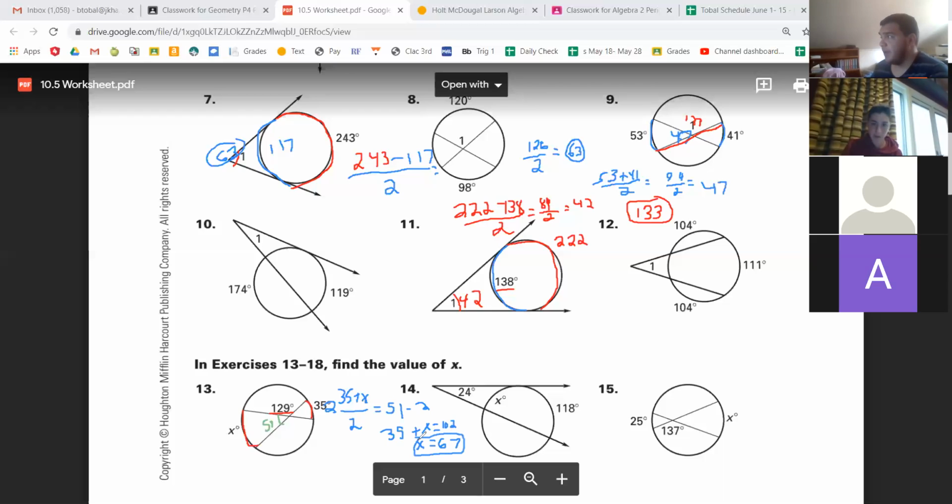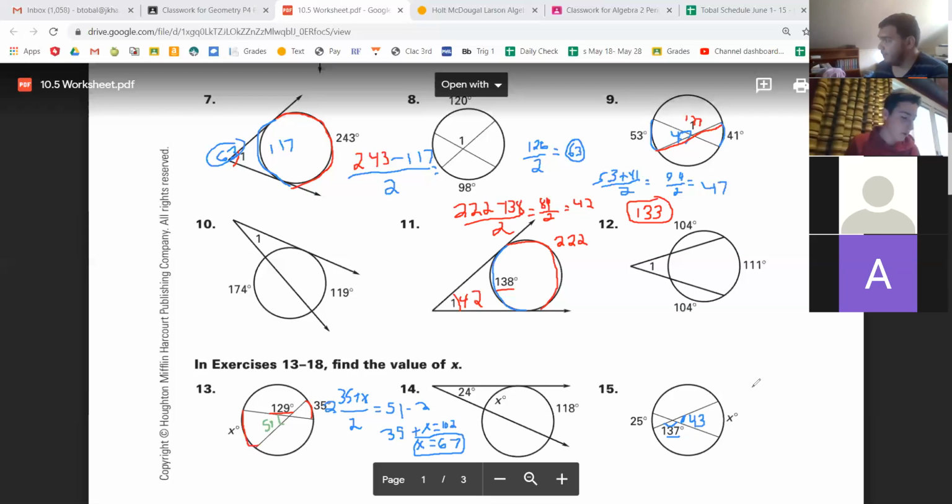So sometimes, depending where our x is, we're forced to do some algebra. All right. Let's handle number 15. Same issue. We have this angle here, and we need this one right here. So 137, subtract that out of 180, should be 43. So this one's 43.